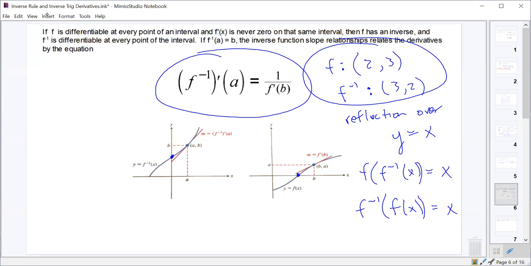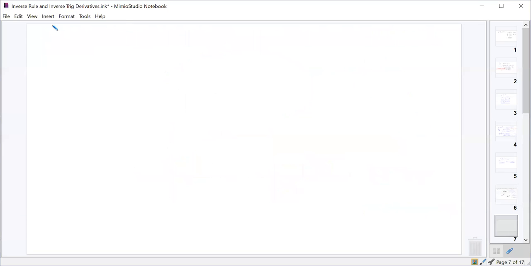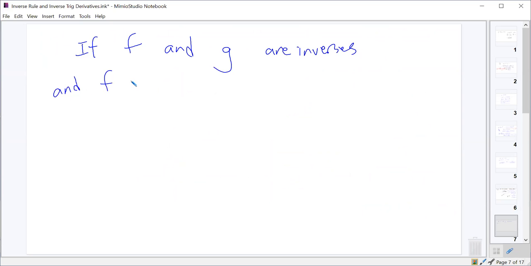So sometimes I've found it's helpful for people if I write it out this way. If f and, I'm going to call it g, if f and g are inverses, and f contains the point (a, b), then we know g contains the point to what? (b, a).